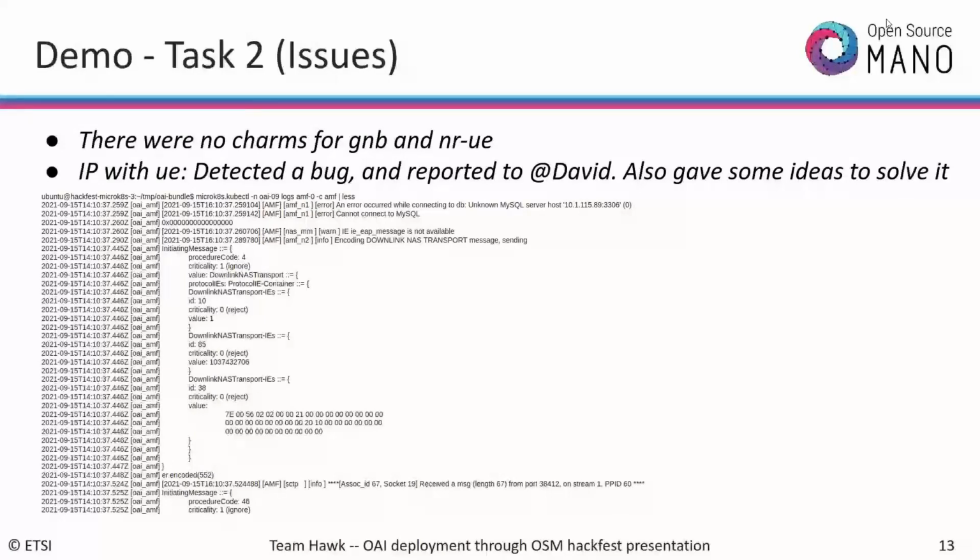We discussed the issue of RBAC, which is one of the things that we have to fix to get the Helm charts to work. So with David, we were able to go through some of the ideas, some of the things that could potentially help solve it. I mean, he knows more than us. David was very supportive, and he said, as he already said, he's working on that. So yeah, that's all from this task.